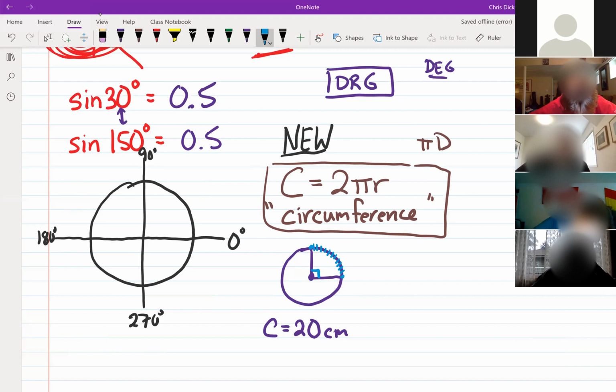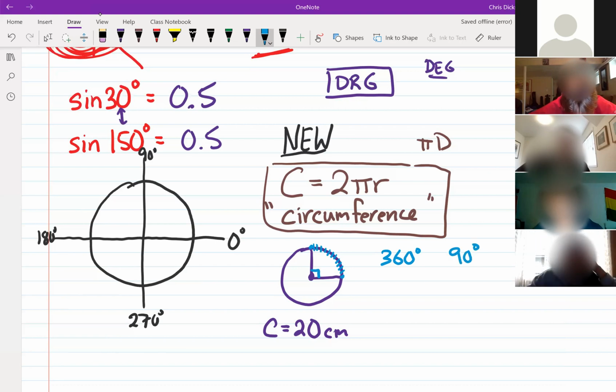Well, if that's 90 degrees, how much of the circle does that represent? So if you look at a circle being 360 degrees, and you rotate 90 degrees, well, then you would have covered 1/4 of the circle. So 90 over 360 is equal to 1/4.